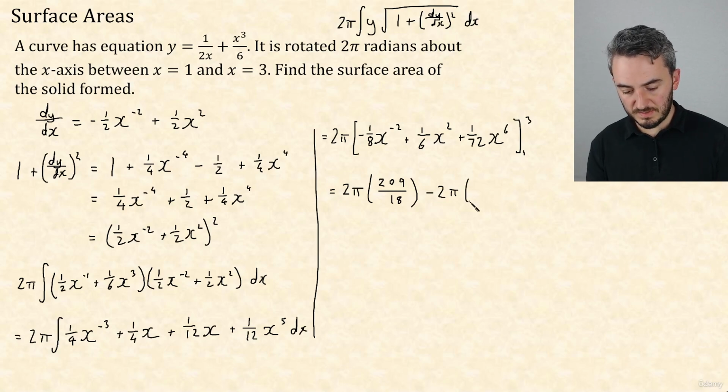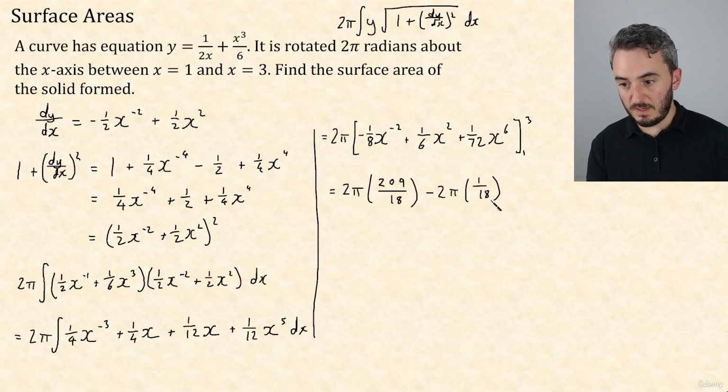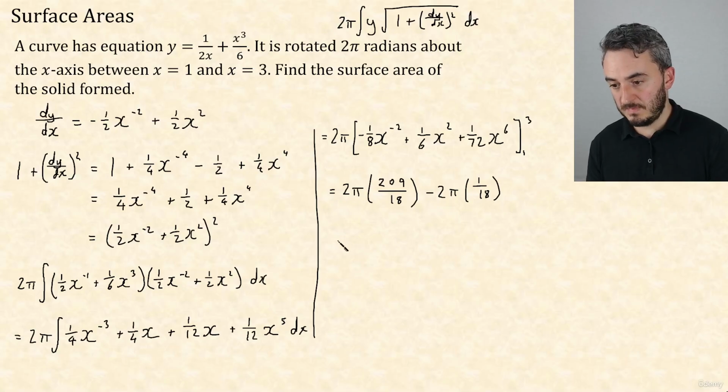So minus 1/8 plus 1/6 plus 1/72 is 1/18. So in total, 209/18 minus 1/18 is 104/9. Times that by 2. And we get 208/9. And so our final answer is 208 pi over 9.